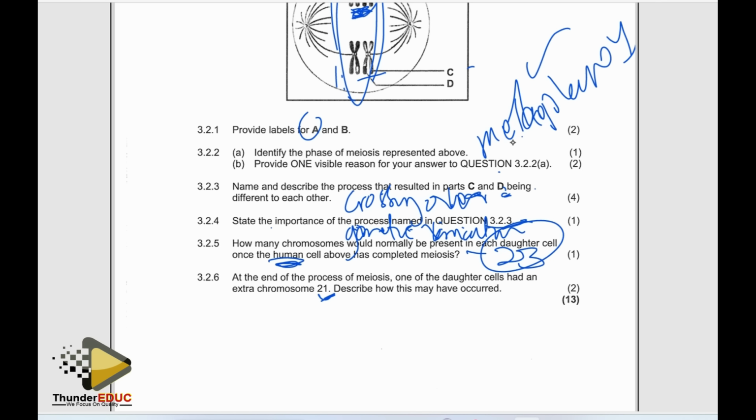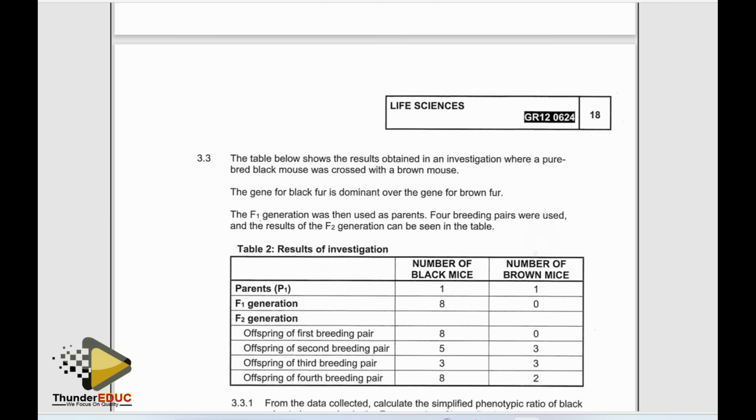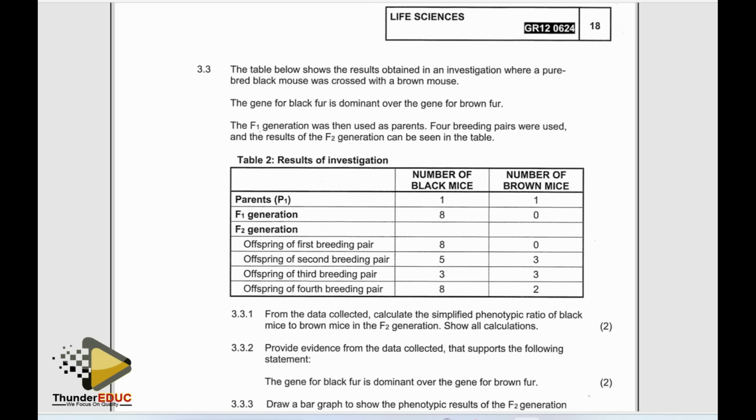It is as a result of the failure of the chromosome pair, or chromosome number 21, to separate during anaphase. Here you're talking about non-disjunction, so the failure of chromosome 21 to separate during anaphase.